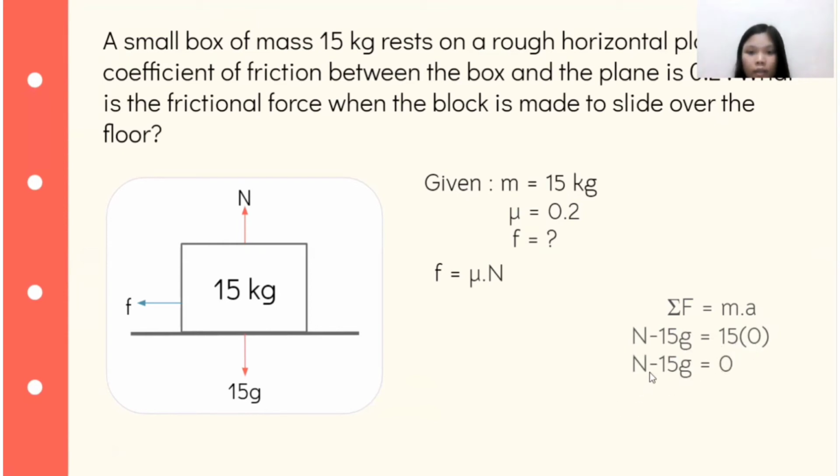Then N minus 15g equals 0. N equals 15g. So 15 times 9.8, N equals 148. Since this has two significant figures and this has three, we need to round it up to 150 Newton.